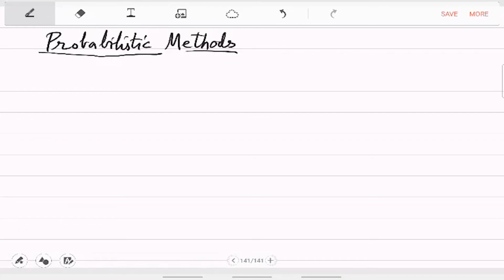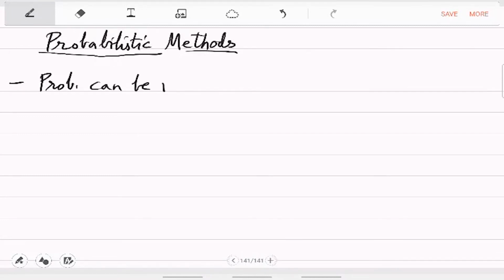So the difference is that we will use this term to mean that we are using probability to show that some mathematical object exists. Okay, it's for the existence. It's not really to compute probability, but just to show existence.